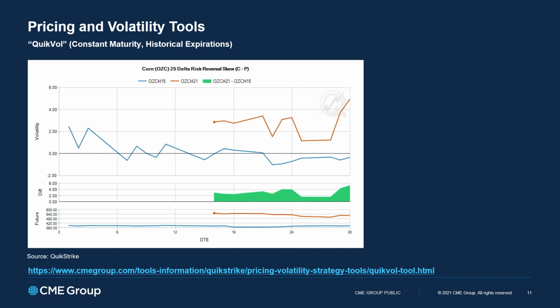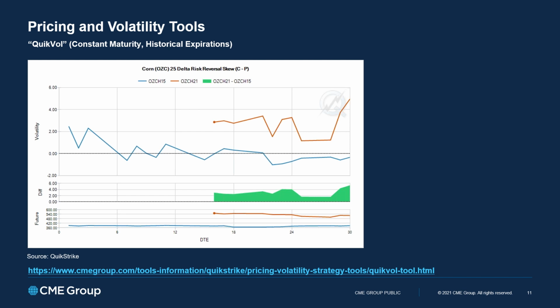Does it mean that it's going to go up? Of course not. But the options market is saying, I'm going to require more premium to sell you a call than I am a put at the same delta. So that's good information to have, I think, regardless of whether you're trading options, because it tells you what the options market is saying about the potential price move.